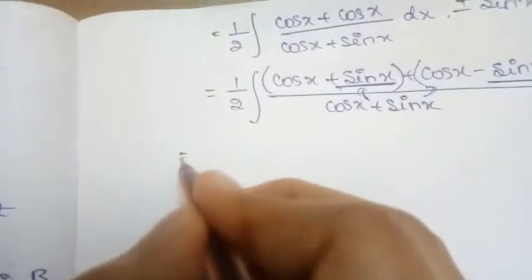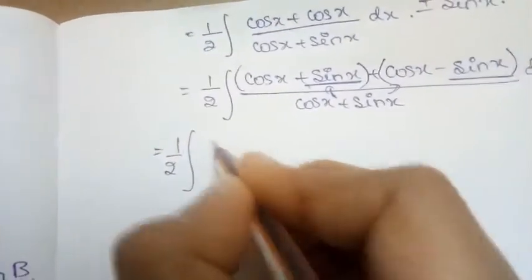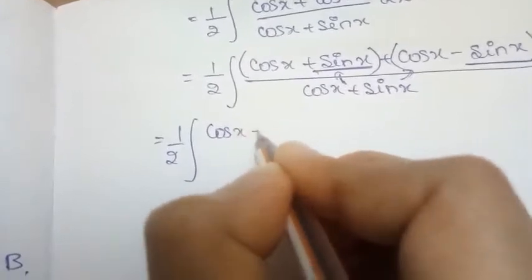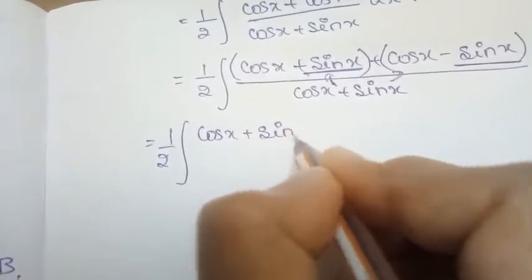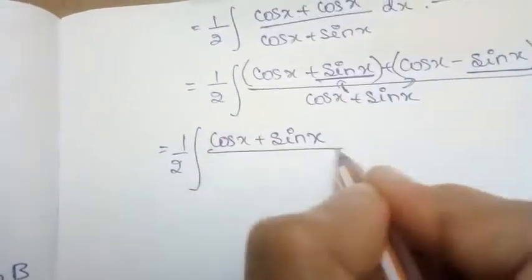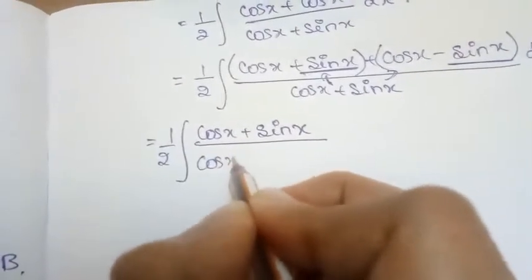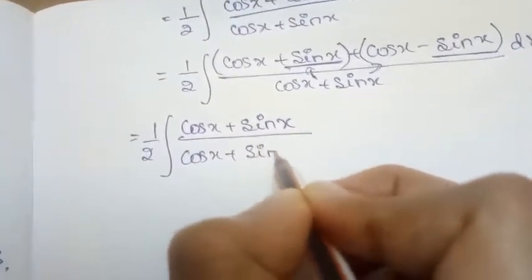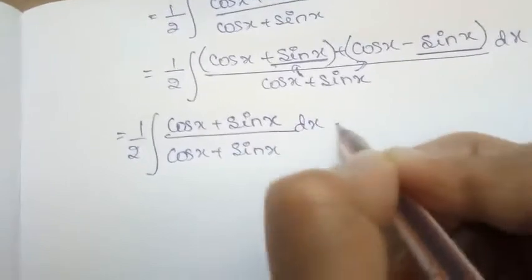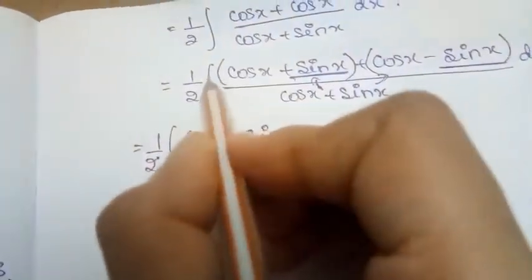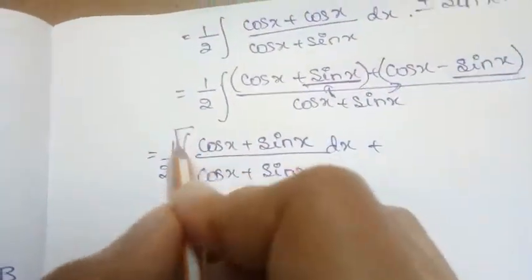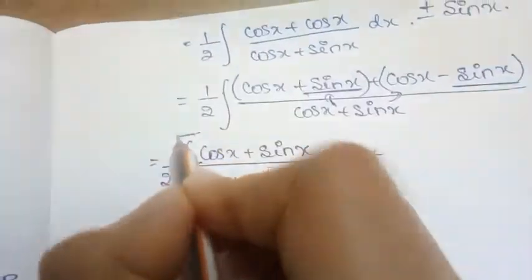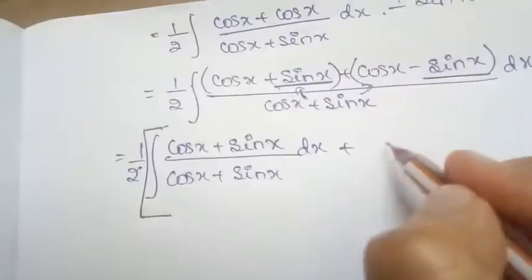What happens? 1 by 2 integration of cos x plus sin x divided by cos x plus sin x into dx plus, and this 1 by 2 is for both the terms, so I am using the big bracket here so that we do not get any confusion.